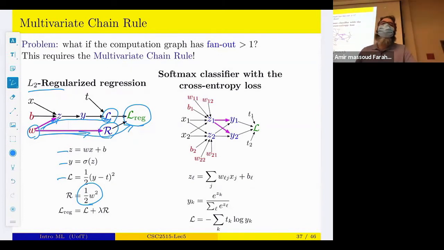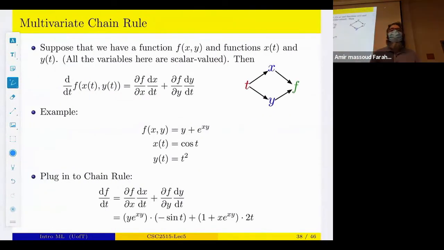In order to deal with it, we need to have some kind of multivariate chain rule. Another example that I have here is softmax classifier with cross entropy loss, which can be computed like this. So let's talk about the multivariate chain rule. You all know it. I just briefly mention it. Suppose you have a function f of x and y, and each of x and y is a function of t.